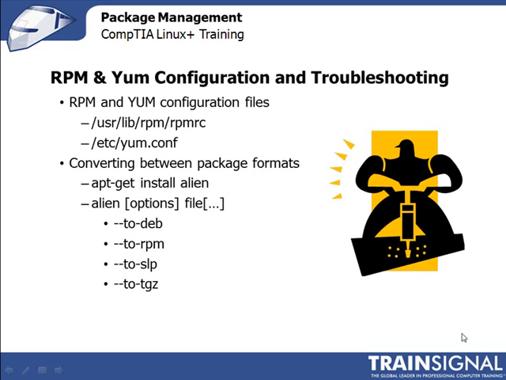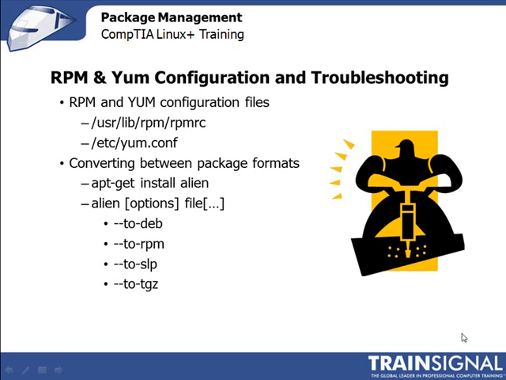Again, you probably won't have a need to do so often, but if you want to tweak the RPM or yum configuration files, they're located at usr lib rpm rpmrc, and that is of course for RPM. For yum, the location is etc yum.conf. You can set things like CPU optimizations and other features that you'll probably never need to bother with.